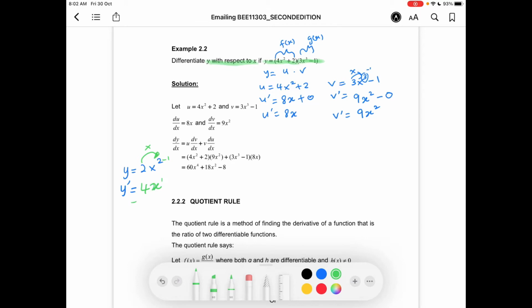That is the formula on how to differentiate this.